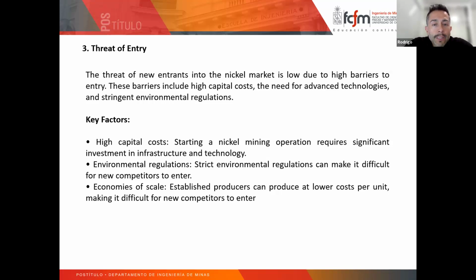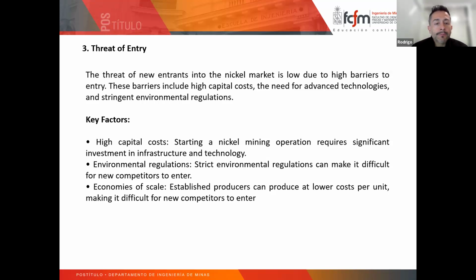The threat of new entries into the nickel market is low because there are high barriers to entry: high capital cost, a new entrant needs to have advanced technologies, and the environmental regulation is very stringent.